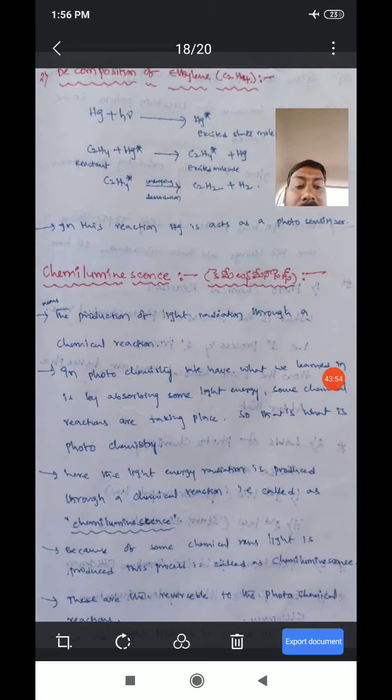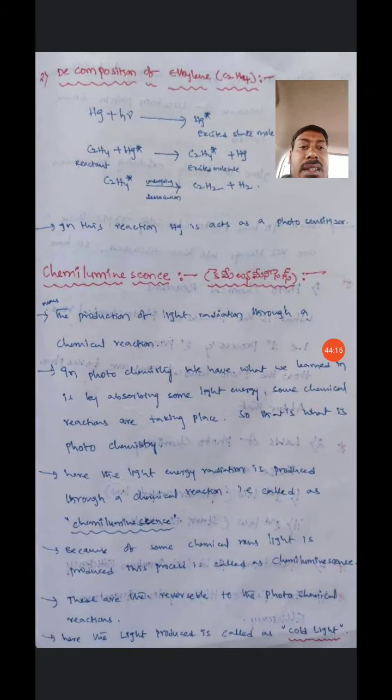Here the light energy radiation is produced through a chemical reaction, and that is called chemiluminescence. Because of some chemical reactions, light is produced.